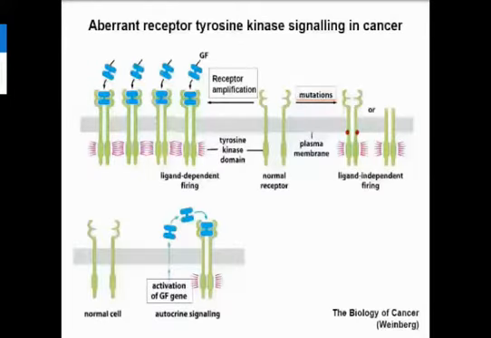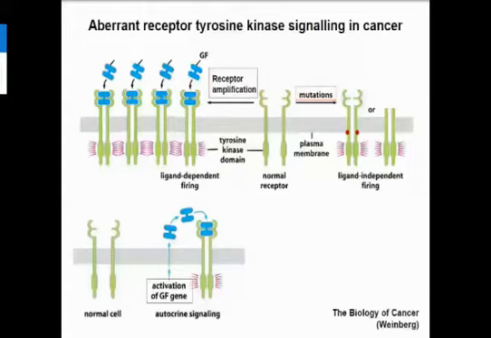And in terms of cancer, this is how different receptor tyrosine kinases can give rise to cancer. So we can get amplification of expression of a particular receptor tyrosine kinase. So this is where a cell expresses much higher levels than it should. And this can lead to increased signaling and driving the cell into a highly proliferative cancer-type state.